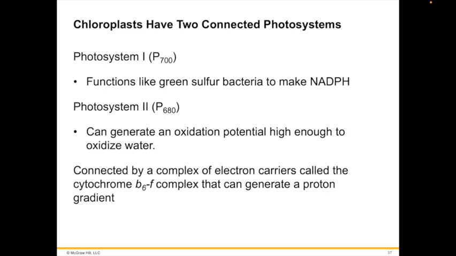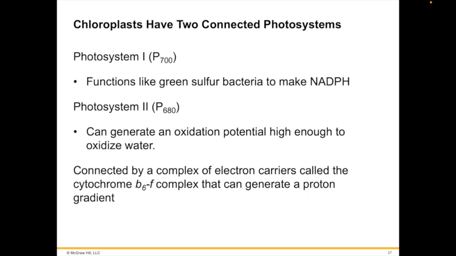In contrast to sulfur bacteria, plants have two linked photosystems. This overcomes the limitations of cyclic photophosphorylation by providing an alternative source of electrons from the oxidation of water. The oxidation of water also generates oxygen, and thus is called oxygenic photosynthesis.